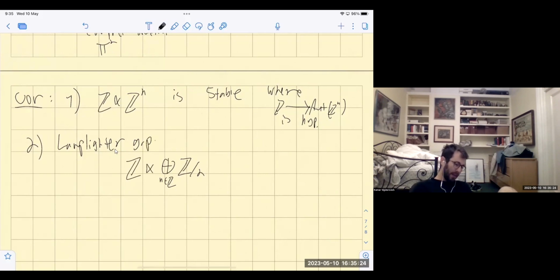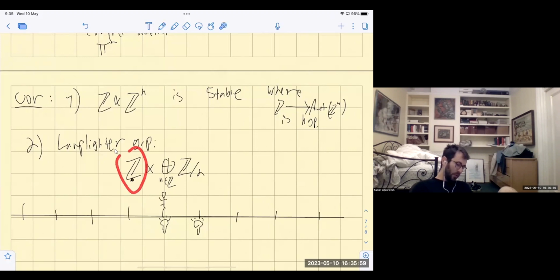The reason it's called the Lamplighter group is because this direct sum, you can think of it as an infinite line, where at each point there is a light. On each coordinate on the grid there's a light, and there's a person here, which corresponds to this coordinate.